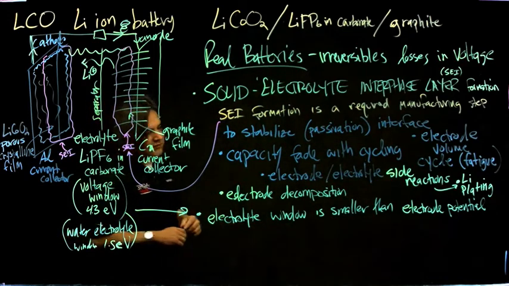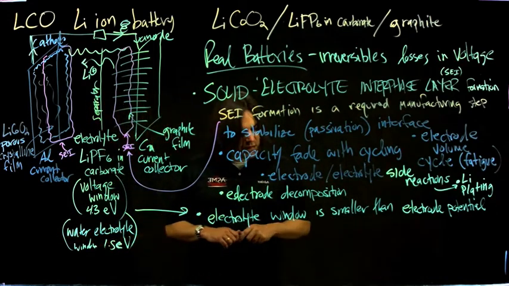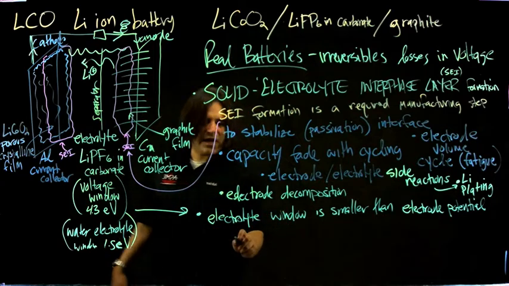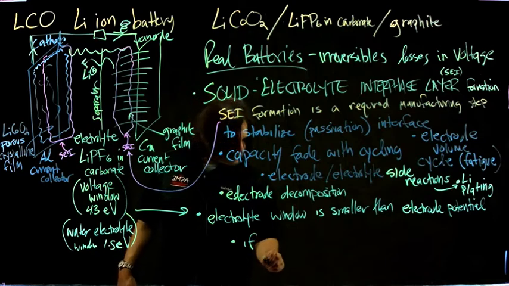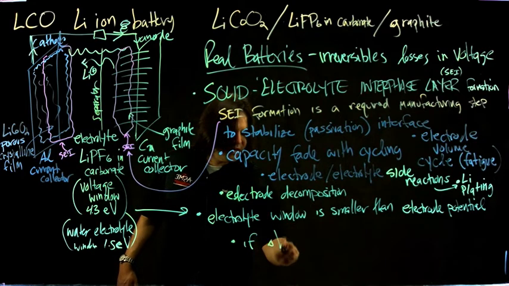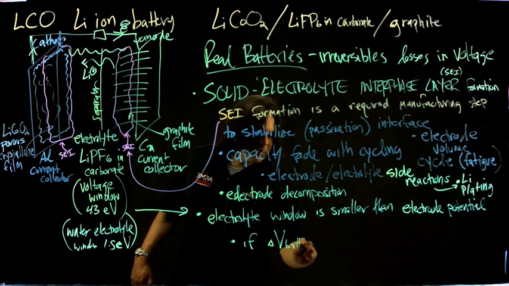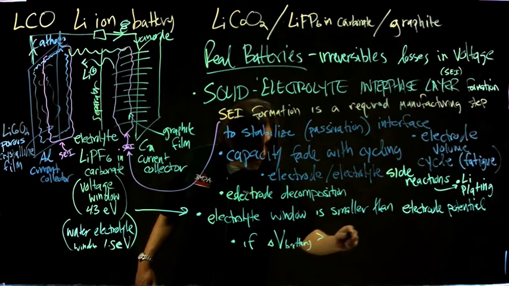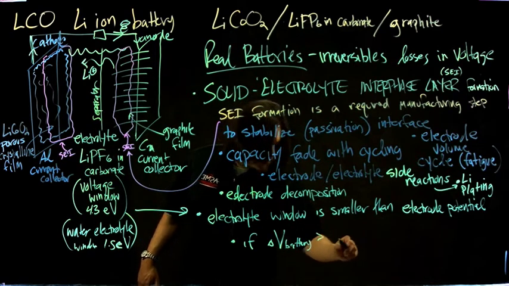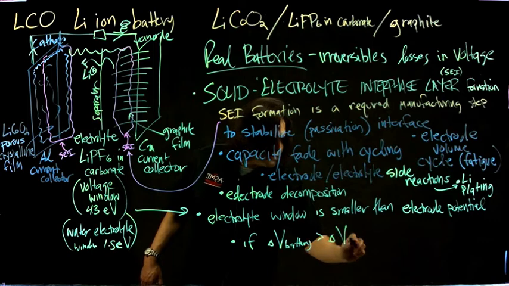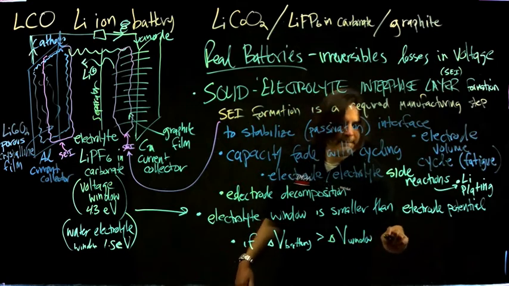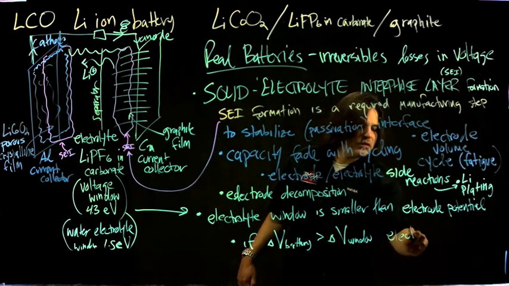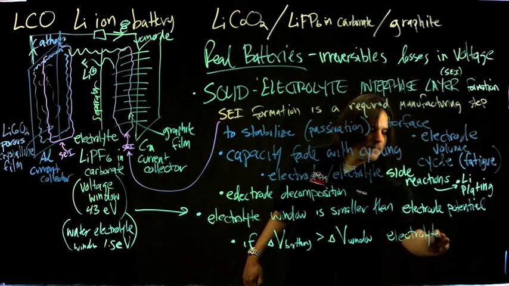And so if you were to run this battery, it's designed not to, but if the delta V across the battery, which it's not supposed to, but if you somehow do this, is greater than the electrolyte window, then electrolyte will break down.